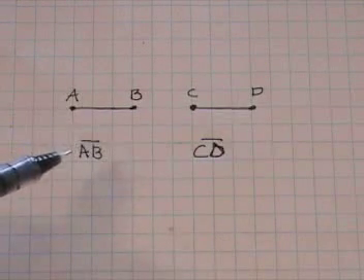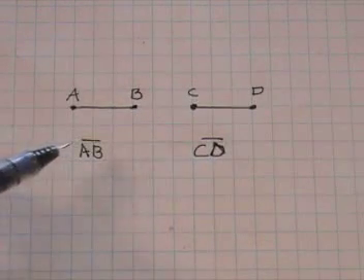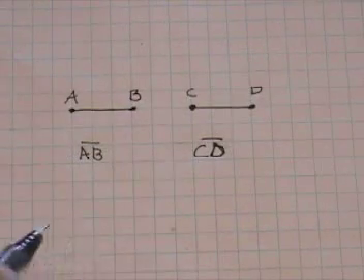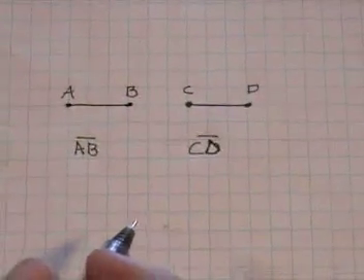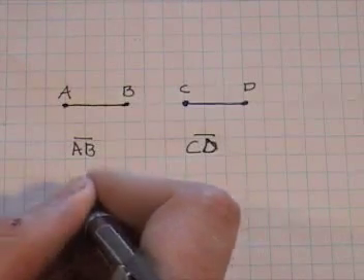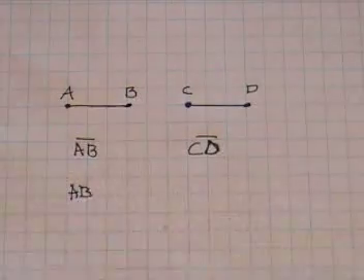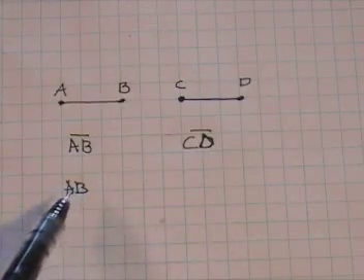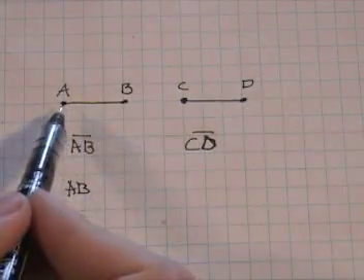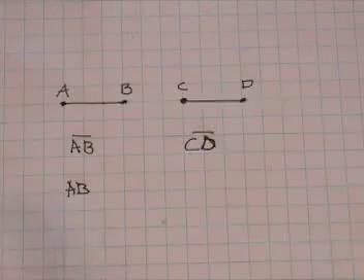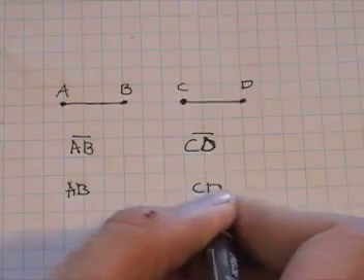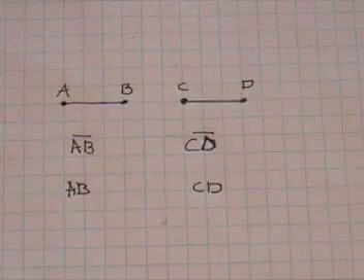The length, on the other hand, if you don't write a symbol above these two endpoints, then it just represents the length of that line. So if I were to write simply AB with no symbol above it, this means it's talking about the length or distance between point A and point B. And the same can be said for line segment CD.